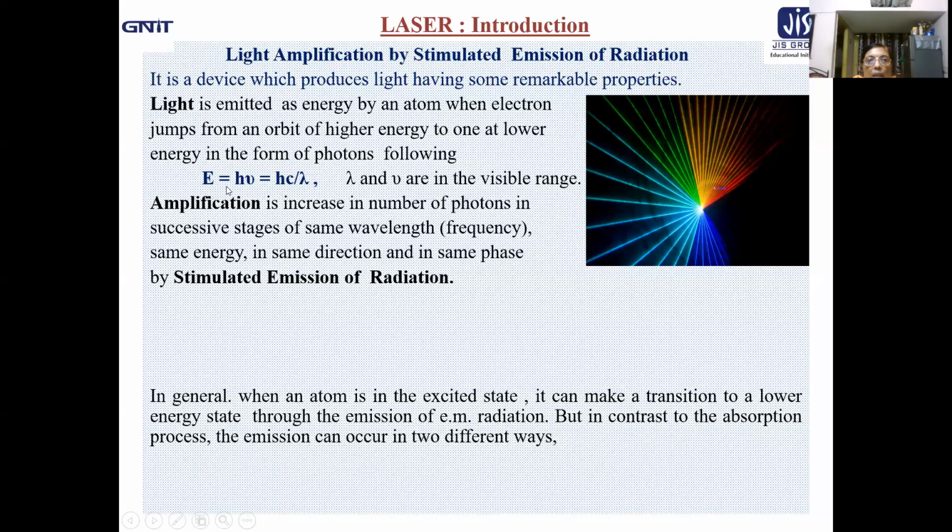That means when the atomic transition is from a higher to a lower energy state, you get the extra energy coming out in the form of radiation of emission. The wavelength is lambda, and if this is in the visible range, then we can say that the emitted radiation is nothing but light. Okay, so this is light.